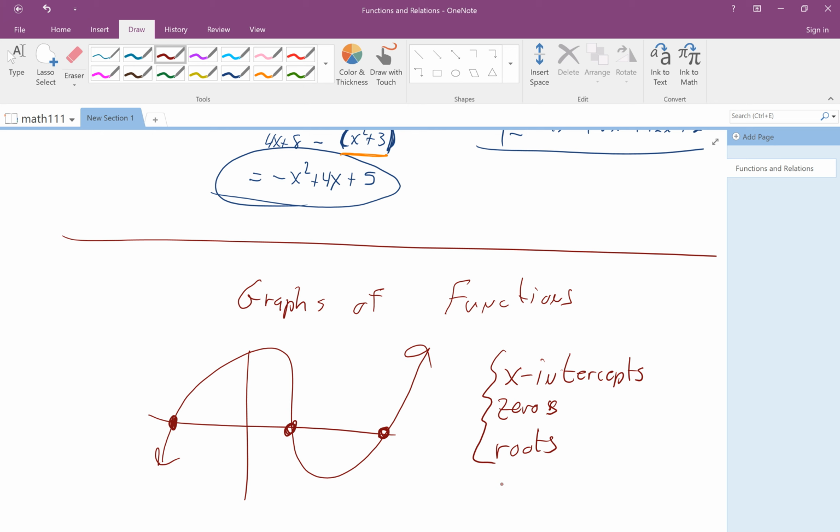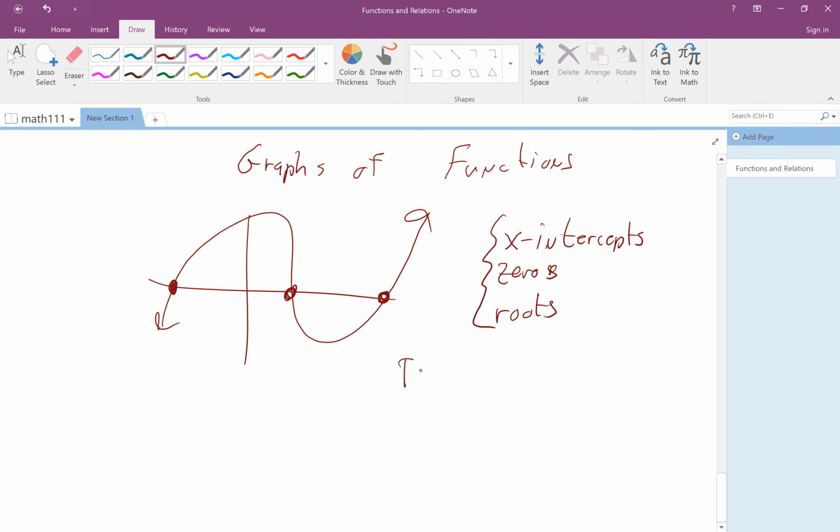Domain and range. Okay, they're going to ask you about that. What the domain is, what the range is. What is the domain of this? All real numbers. It's going to continue on.